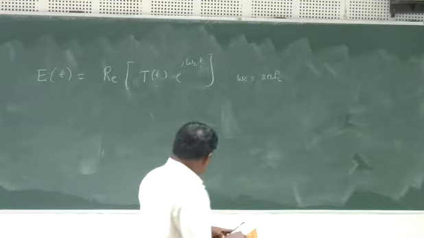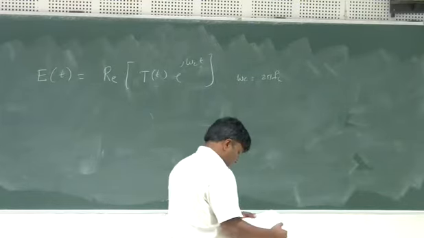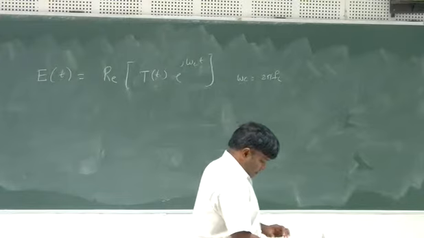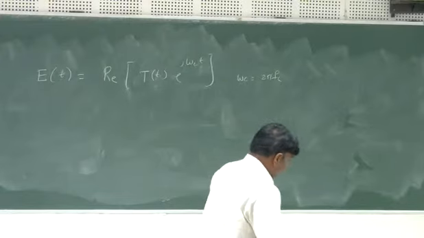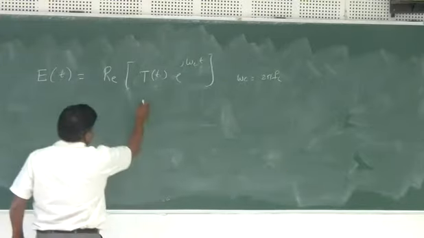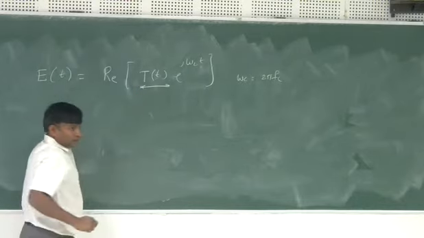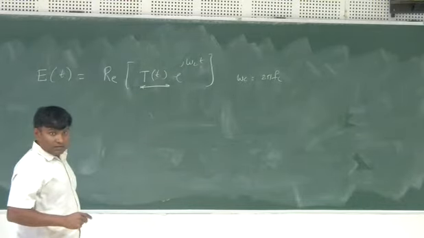Fc is the carrier frequency, could be given. And what is T of t? Obviously, T of t is the low pass baseband form.